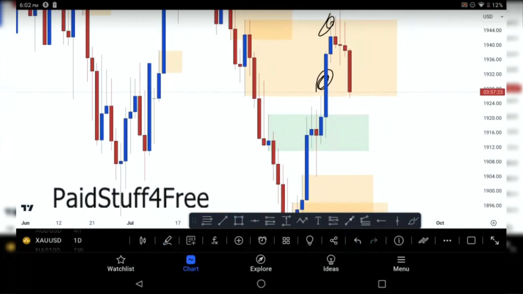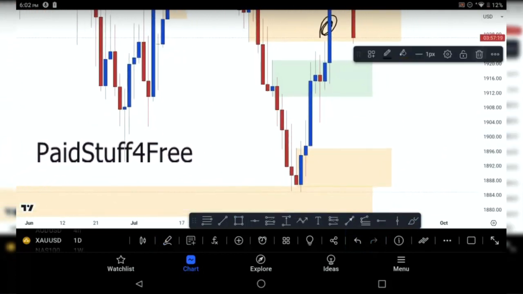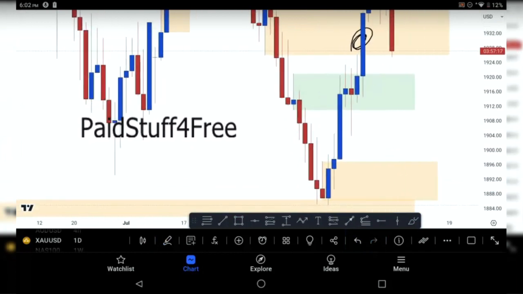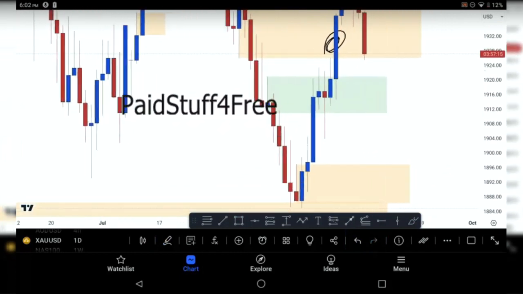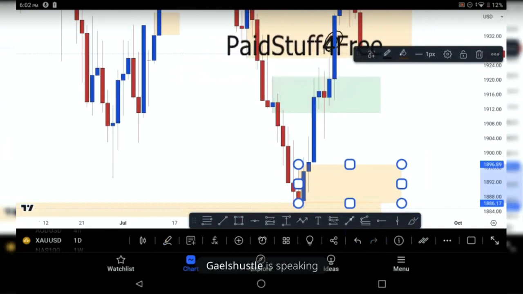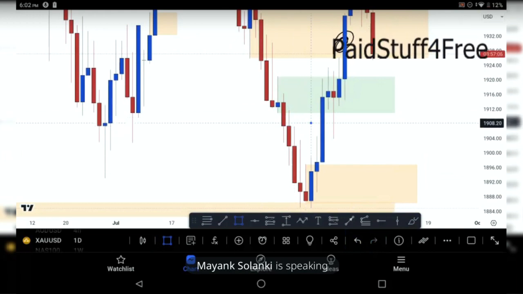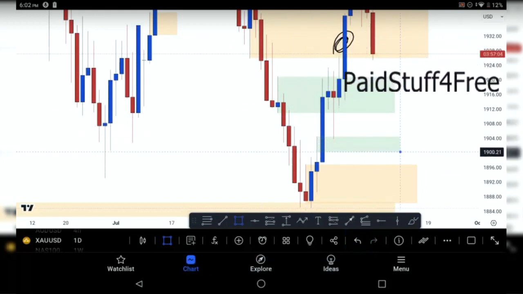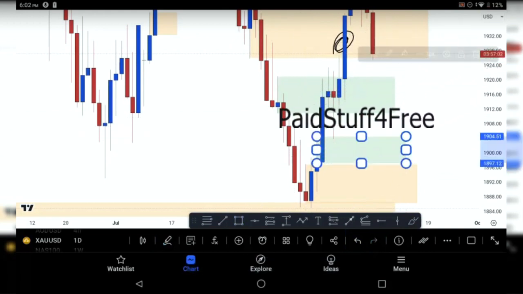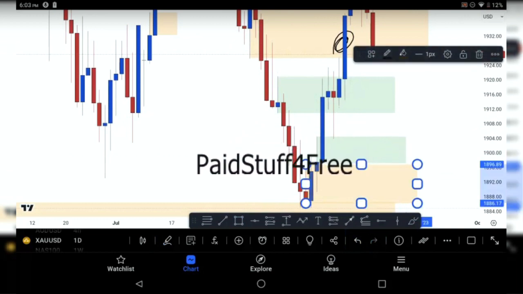I also want to focus on selling the market down to this zone right here. Can you guys see this zone? This daily buy zone. Can you see? Yeah. Now, price tapped and closed inside this 4 hours, daily buy zone.